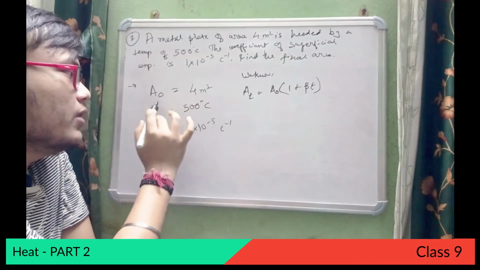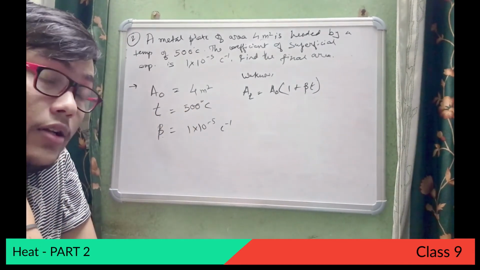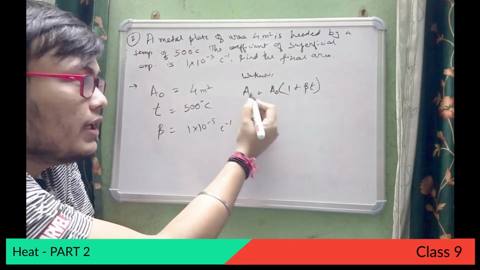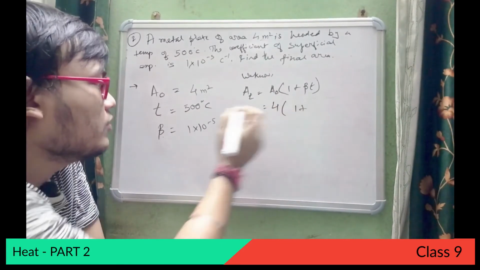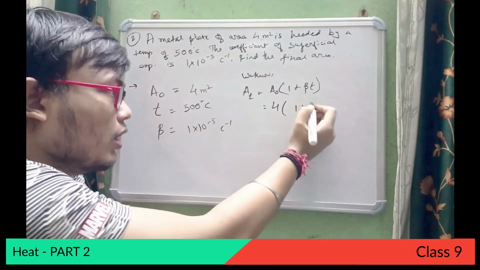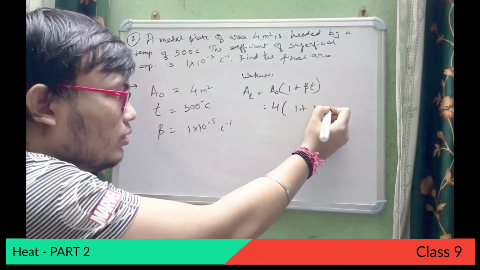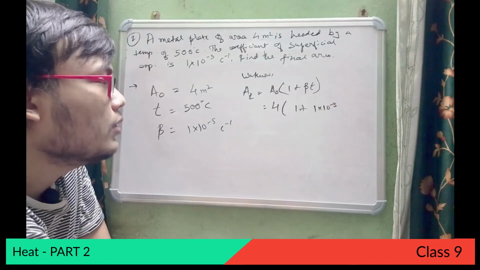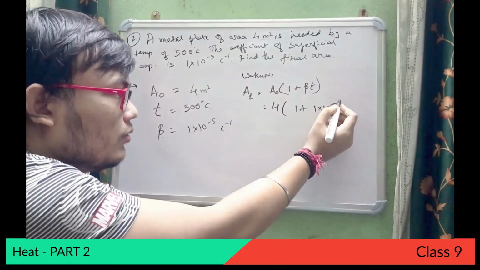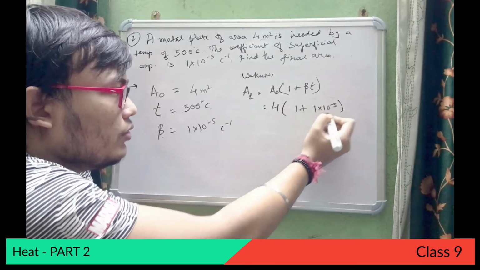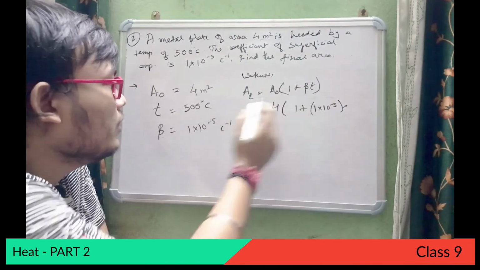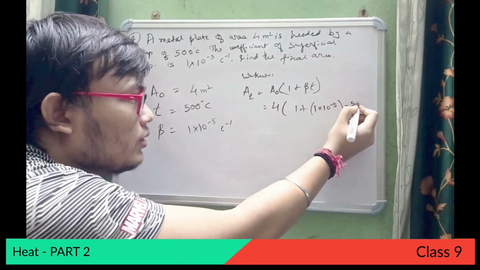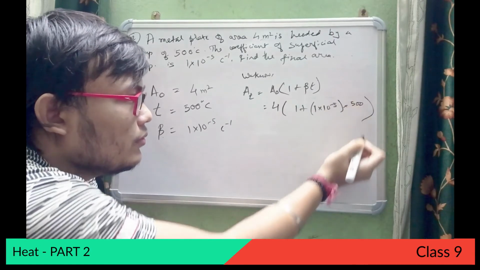So if we replace the values of A0, T and beta, we will easily get AT. So A0 is 4, 1 plus beta is 1 into 10 to the power minus 5, this into temperature is 500, this into 500.